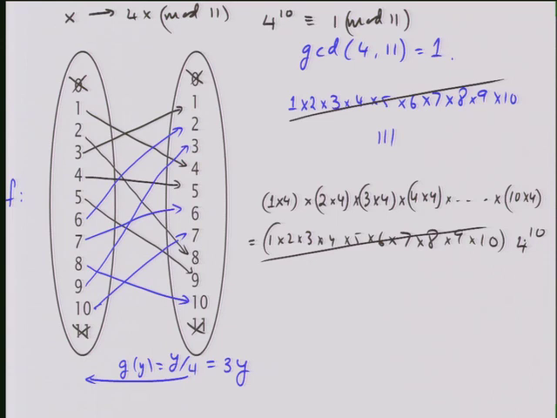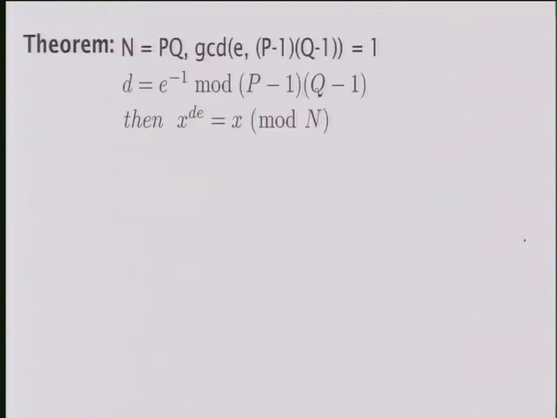Okay, so now let's do the final step. What did we really want to show? We wanted to show that x to the dE is congruent to x mod n. Remember our conditions? d was e inverse mod p minus 1 times q minus 1. So what's x to the d times e?